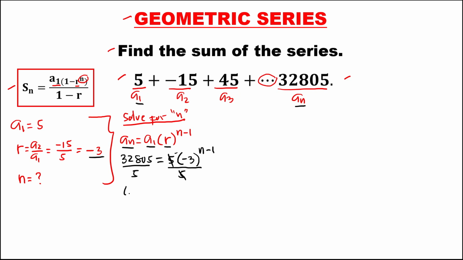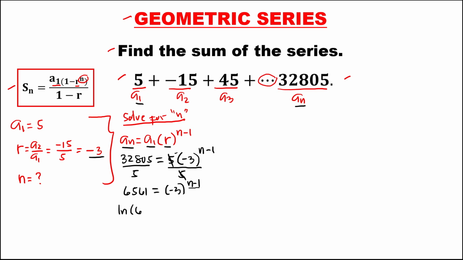So this is 6,561, then equals negative 3 to the power n minus 1. Then this time, since n is in the exponent, we're going to use the logarithm to solve for this problem. So we need to ln both sides.